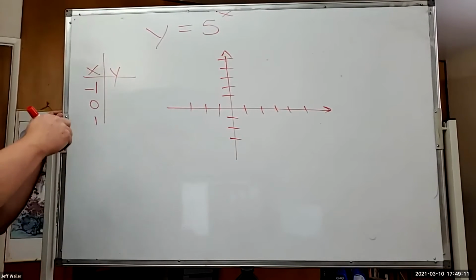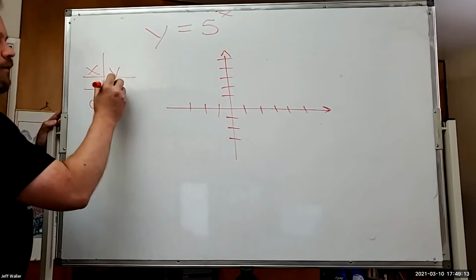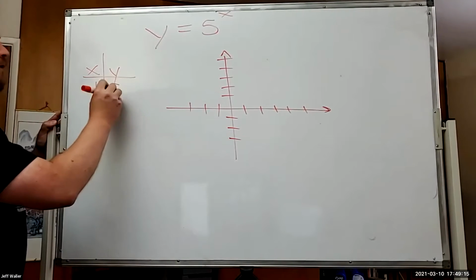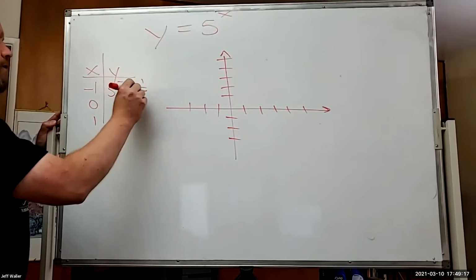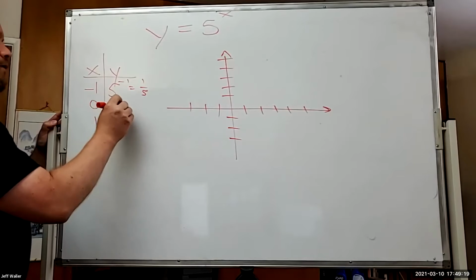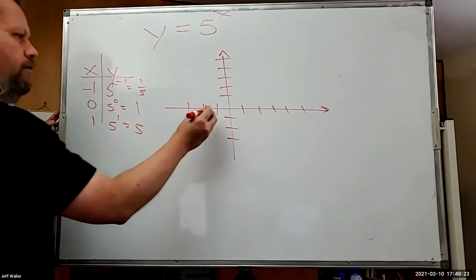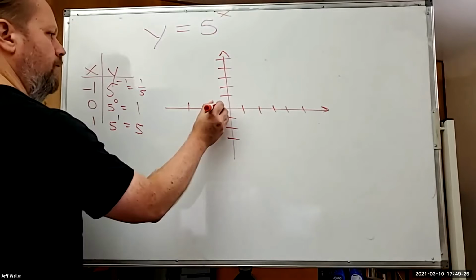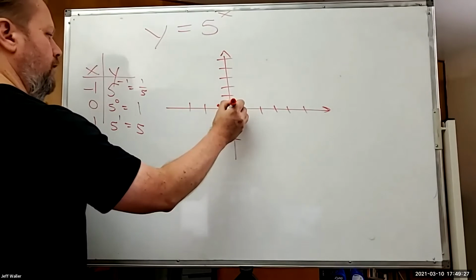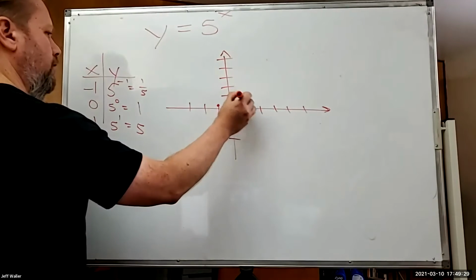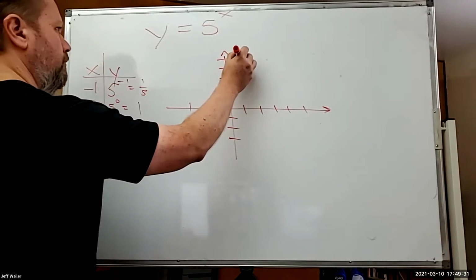All right, let's see. I'm going to catch up to you guys. 5 to the -1 is 1/5. 5 to the 0 is 1, and 5 to the first is 5. So at -1, it's at 1/5. At 0, it's at 1. At 1, it's at 5.